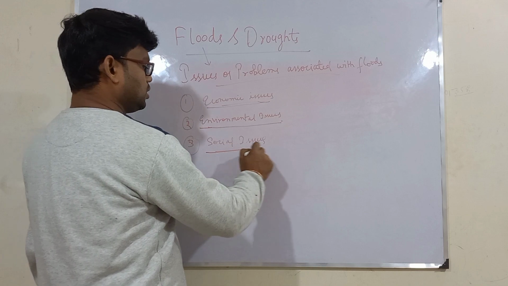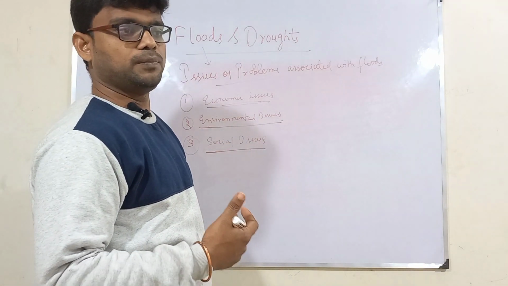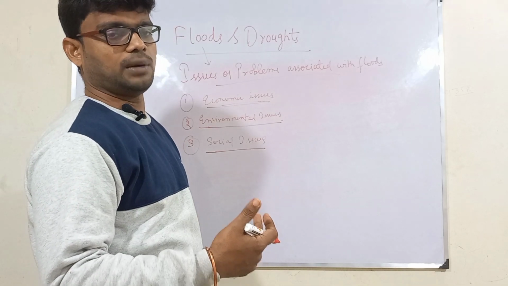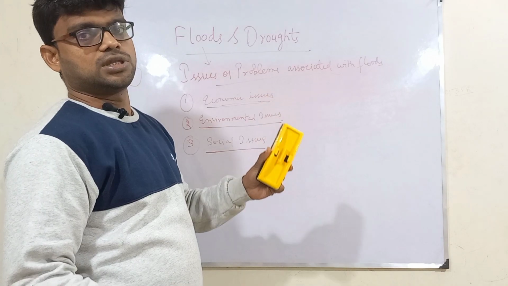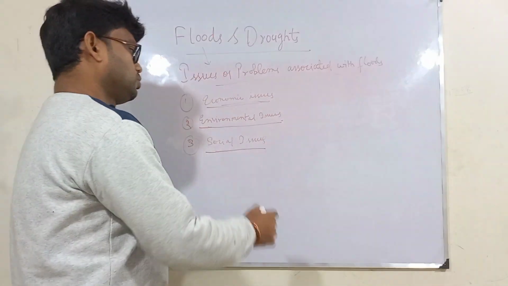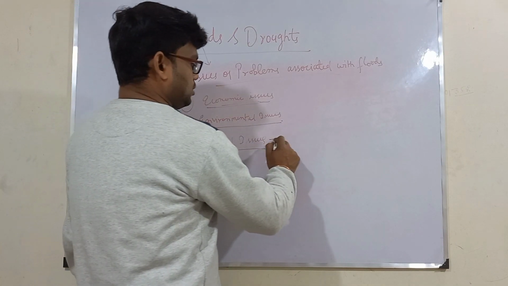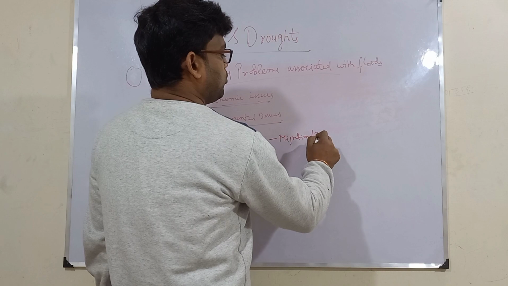And what is the third one? Social issues. We know that due to floods in particular regions, people have to leave their native place and migrate to some other place in search of better living conditions or new jobs. So this results in migration and job losses.